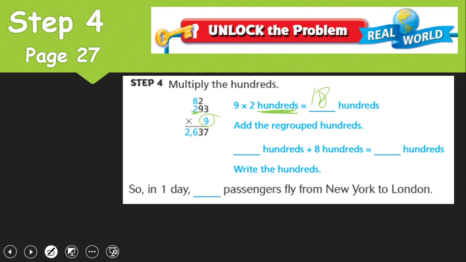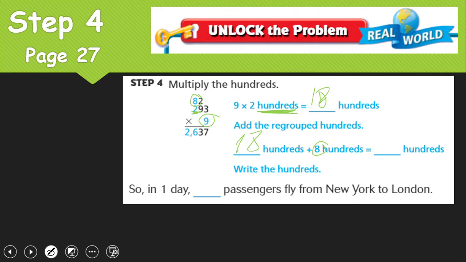Now you need to remember to add that 800 up here, or the 8 that's on top in the hundreds place. So 18 plus 800 is a total of, I can't even think right now, 26, I believe.